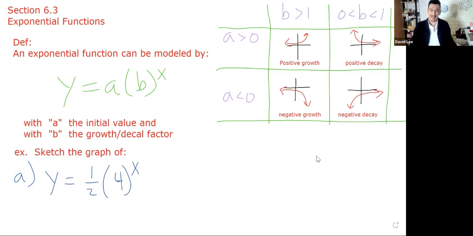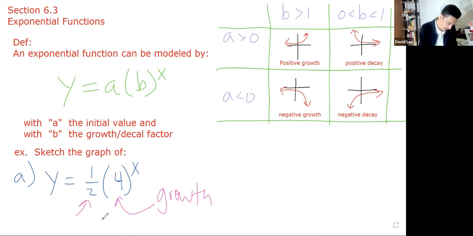This is how you can classify a given equation. So for our example down here, because b is 4, right? That's the value of b. B is 4. 4 is greater than 1. And then this 1/2 is positive. So because the 4 is greater than 1, that means that this is growth.